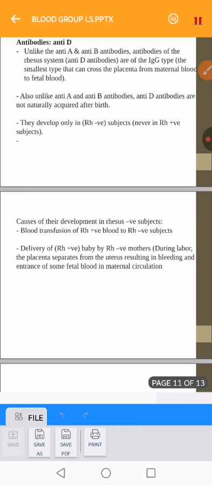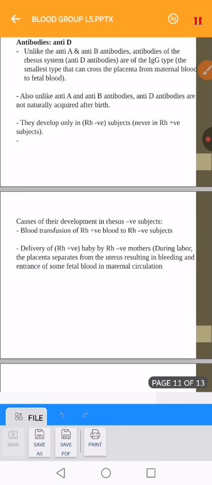Okay, as we know, during the labor and the cutting of the placental cord, there is some mixing of blood between the mother and the baby. So if the mother is negative and the baby is rhesus positive because the father is positive, some blood of that child enters the mother.